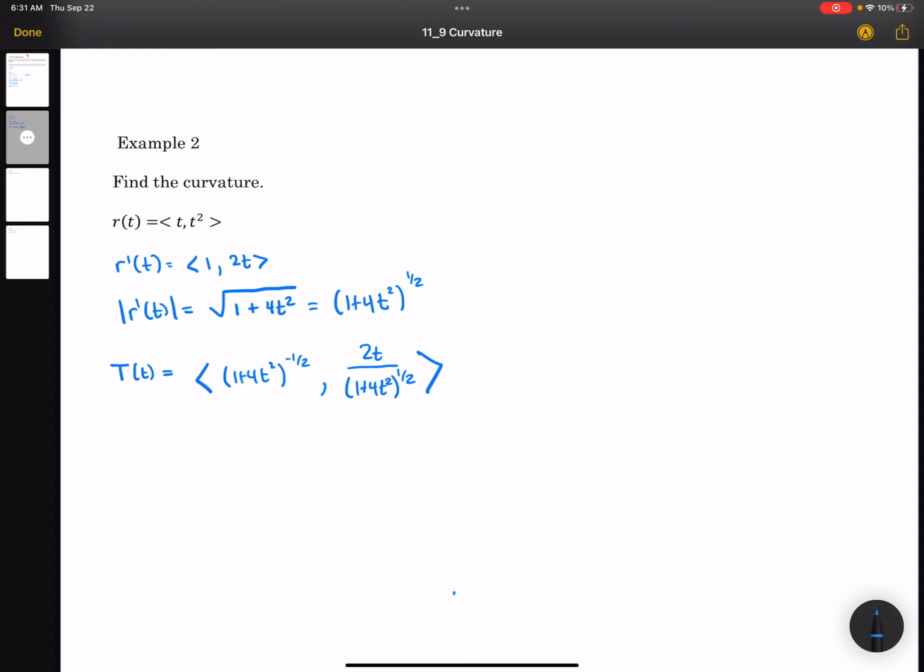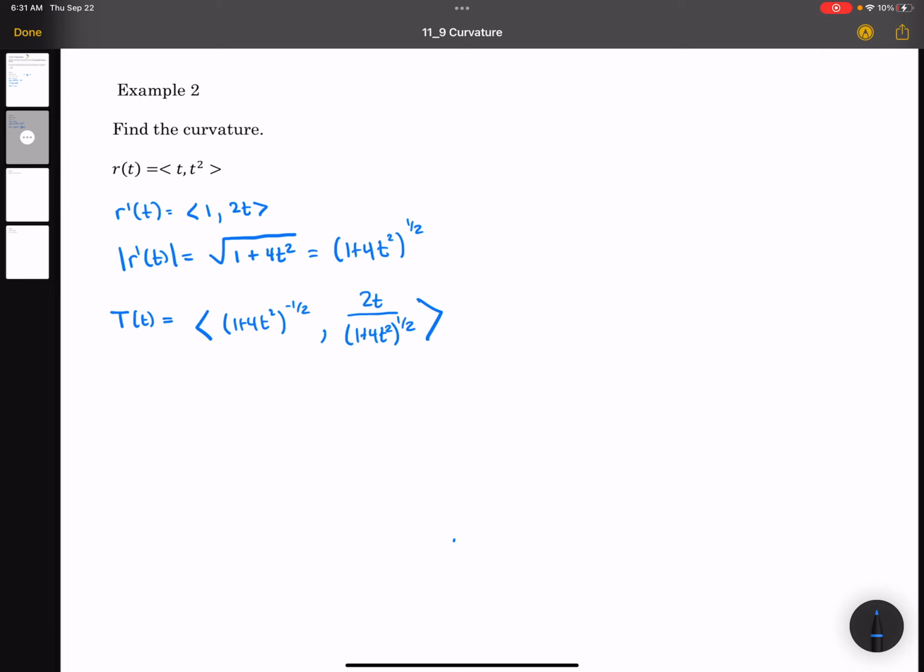So now you can already see that this is probably going to get messy when we're trying to find the curvature. For the derivative of the unit tangent vector, for the first component, we have to do the chain rule. That's going to give us negative 1/2 times (1 plus 4t squared) to the negative 3/2, and then we multiply by the derivative of the inside because of the chain rule, so times 8t. That's all for the first component. For the second component, because it is a rational function, we're going to have to do the quotient rule.